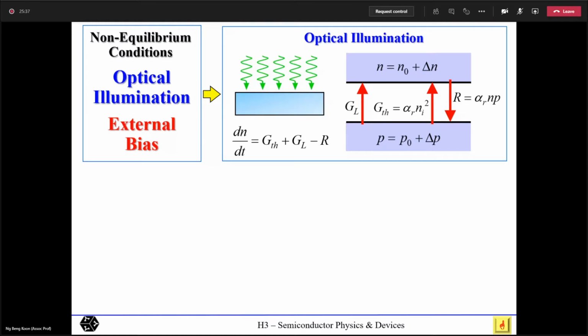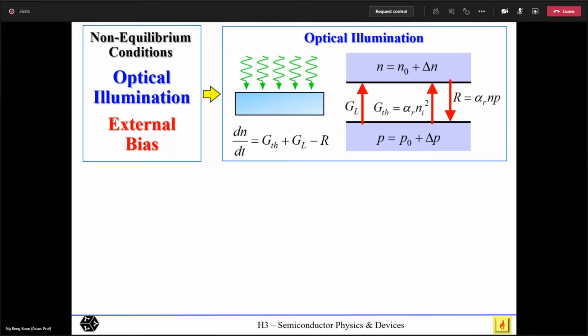In doing that, other than your thermal generation, G_th, which in our discussion we say equals alpha_r n_i squared. Alpha_r you can think of as a material parameter. n_i is the intrinsic carrier concentration of the semiconductor, which as you saw earlier depends on band gap and temperature.